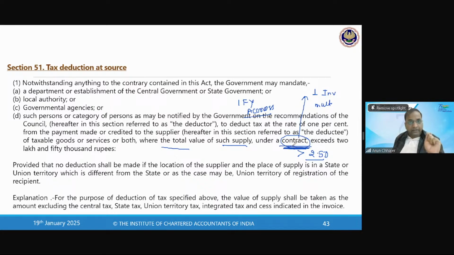It is not per invoice, it is not per month, it is not per year, it is not fixed. Over the period, if you have done transactions with one supplier of more than 2,50,000, then if you are a government department, establishment of central government, state government, local authority, agency, or the person notified, you will deduct the TDS.